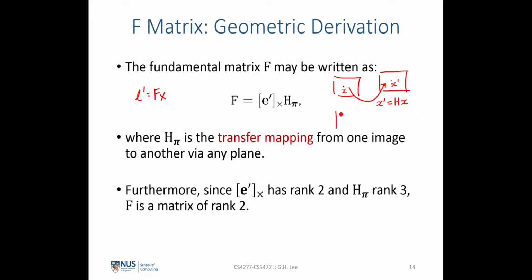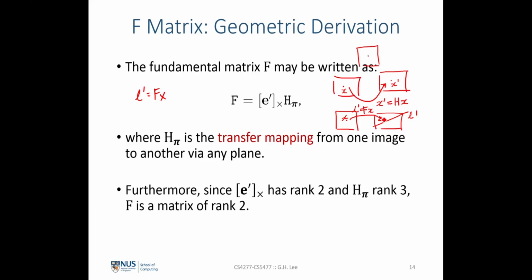So now we have a point and we are going to transfer it to a line, which we denote as x and l prime over here. We saw that this transfer is related by F multiplied by x, and this gives l prime. The difference here is that in the case of the homography, the transfer must strictly follow a plane in the scene.